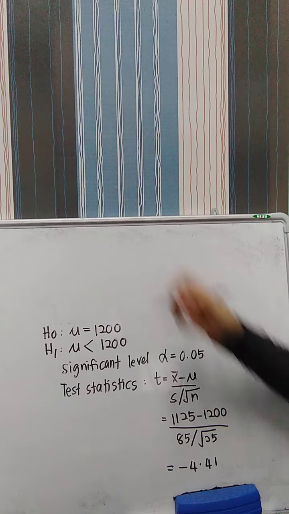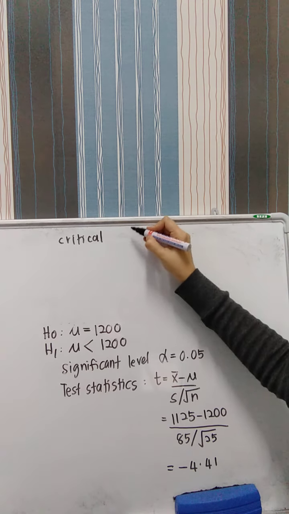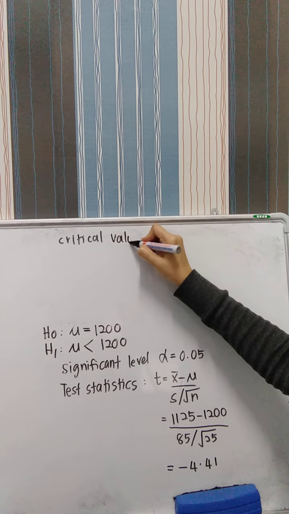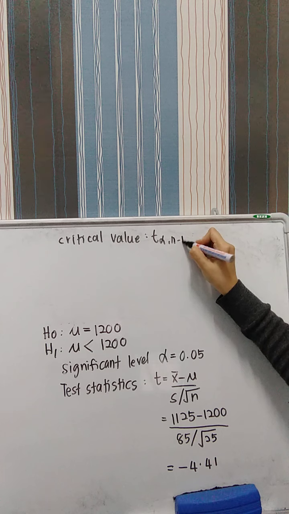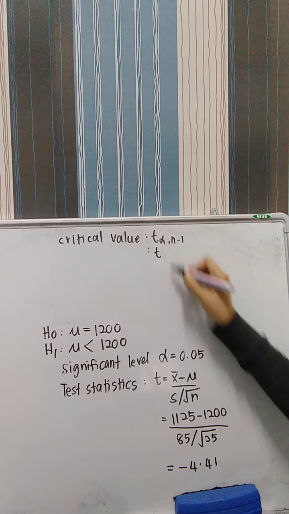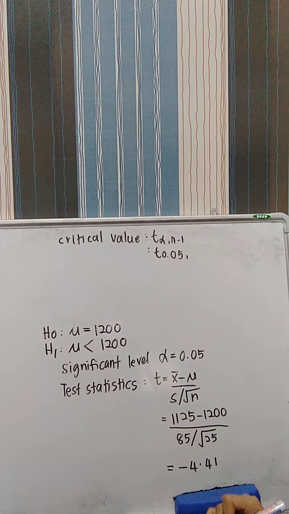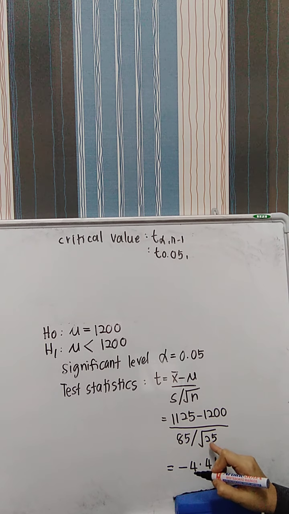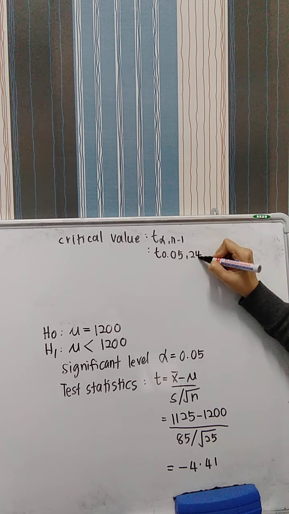Okay, next we continue to the next step, which is to find the critical value. Critical value means you find the value from the t table. So t alpha, n minus 1. Alpha is 0.05, n minus 1, the data is 25 minus 1 is 24.